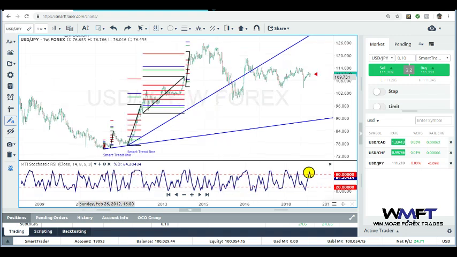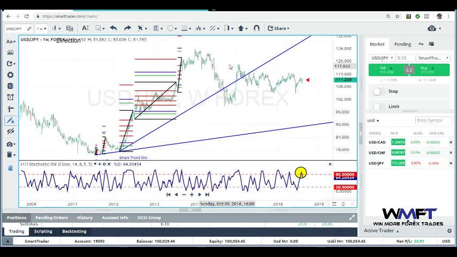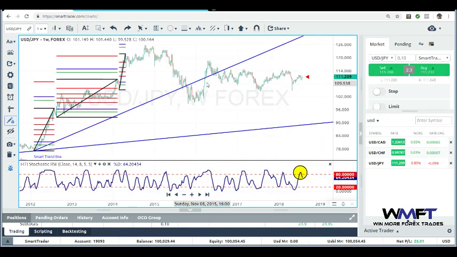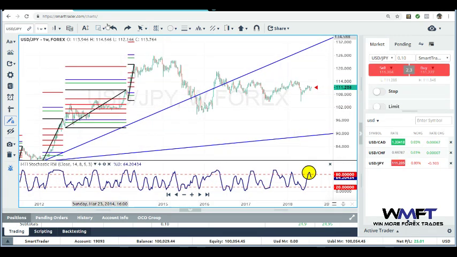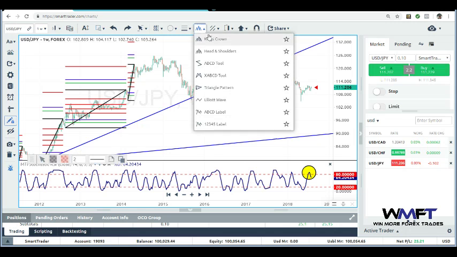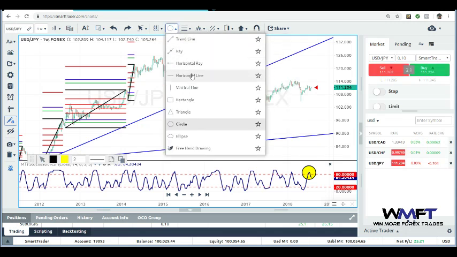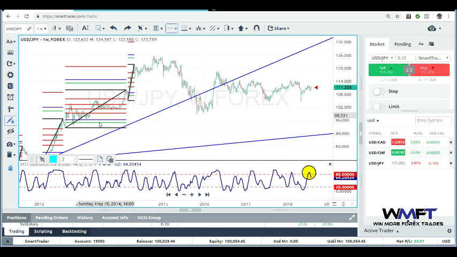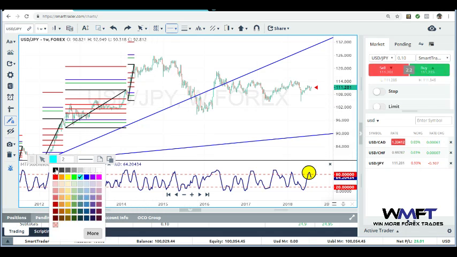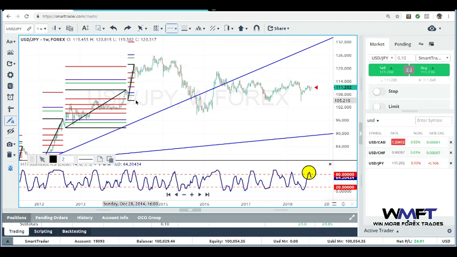With this trend line being broken, we have possibly a crown formation on the weekly time frame. Let's see if we can bring it up here. Let's mark off our A that was taken out. We like to do that in black.